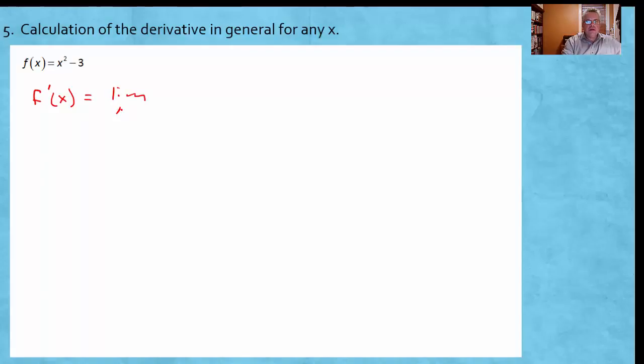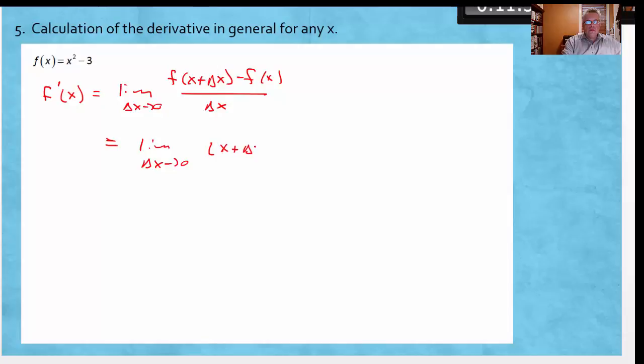This is the limit as delta x goes to 0 of f of x plus delta x minus f of x all over delta x, which is the limit as delta x goes to 0 of, I have to put x plus delta x into the function, and this is squared, minus 3, minus f of x, which is x squared minus 3.